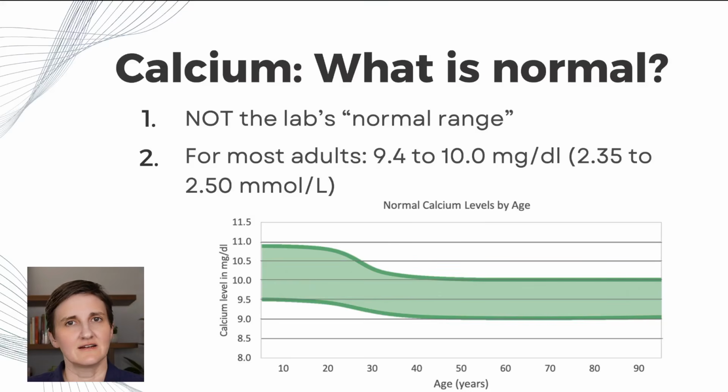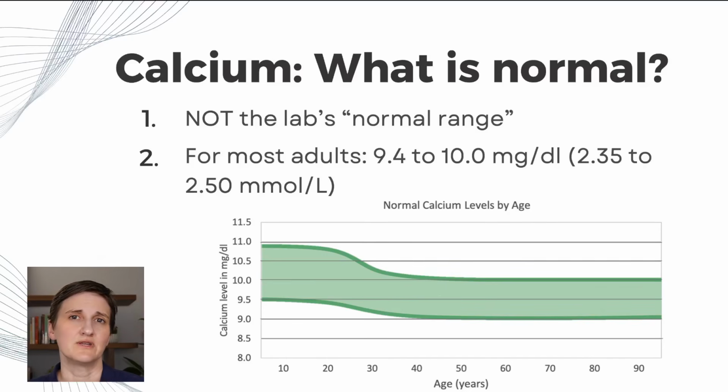The lab may say that an 8.9 is normal. It's not. It's too low. The lab may say that a 10.2 is normal, but if you're 40 years old, that's not normal either. So go by this graph. If you're a teenager or a child, you can have high calcium levels. Over about age 40, really, you should have calcium levels in the 9s, and they shouldn't be in the 8s or lowish 9s.